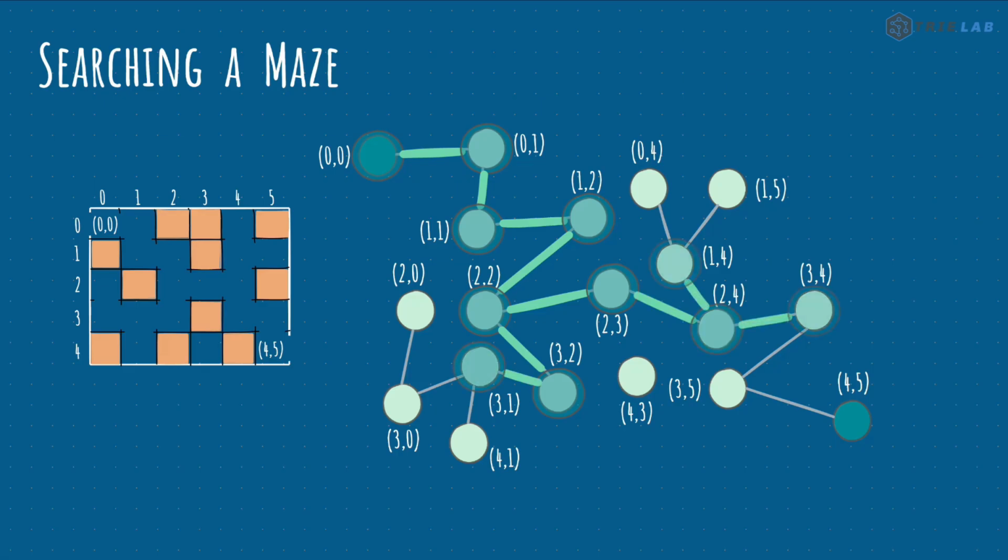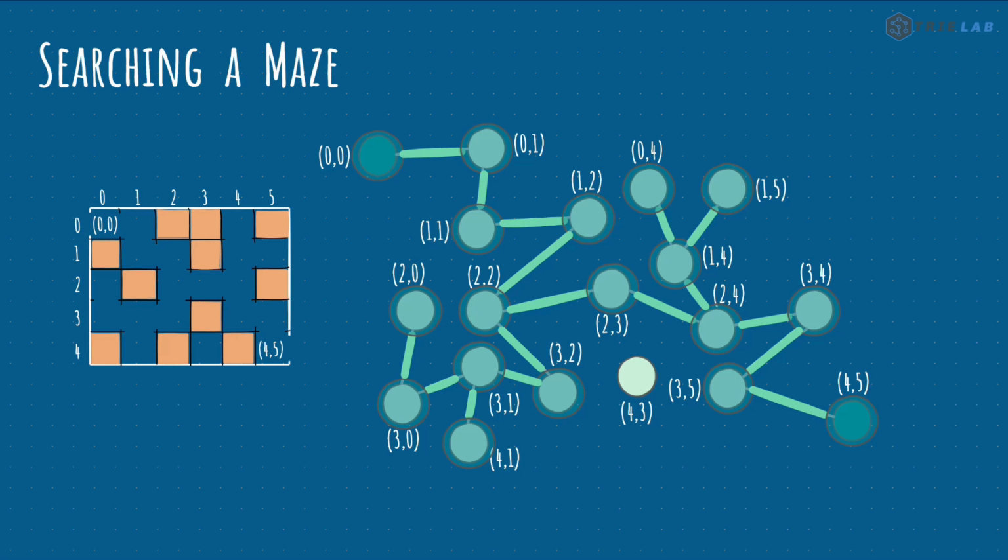And then we move to the next child node in the queue. Now this is the most important characteristic of breadth first search. We process all nodes level by level. That is, we fully explore one level before moving on to the next. Now we will revisit this idea again later when we compare breadth first search with depth first search.